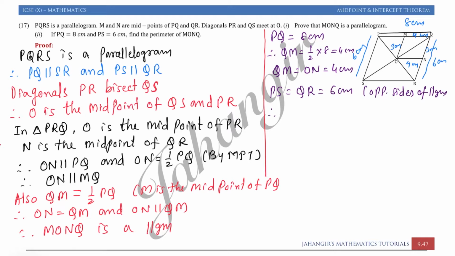So therefore we can say QN is equal to half QR, that is 3 centimeter. Here we know N is the midpoint of QR. So therefore QN is equal to MO, 3 centimeter, again opposite sides of parallelogram.